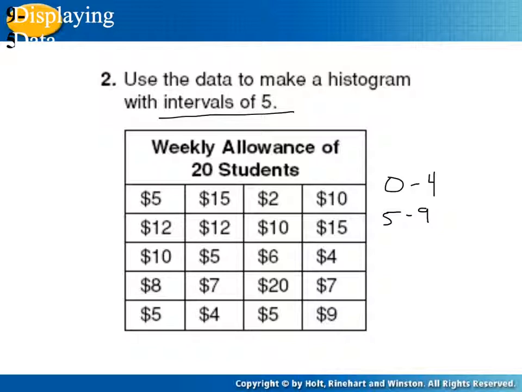I would then move on, 10 to 14. Do I still need to keep going? Yeah, because 14 is not the highest number. My highest number is 20. 15 to 19. Am I done? No. I need to make another interval of 20 to 24. Okay? I need to keep these.